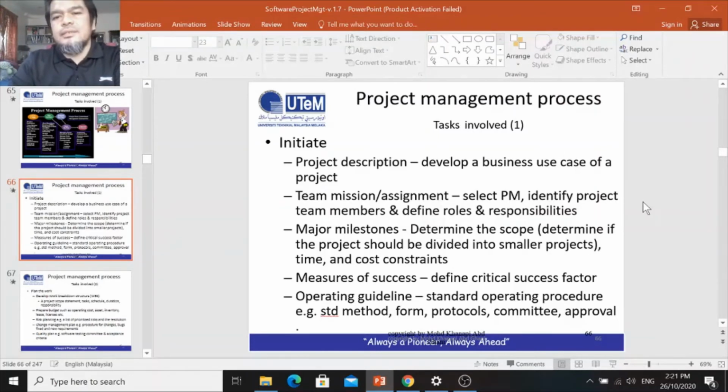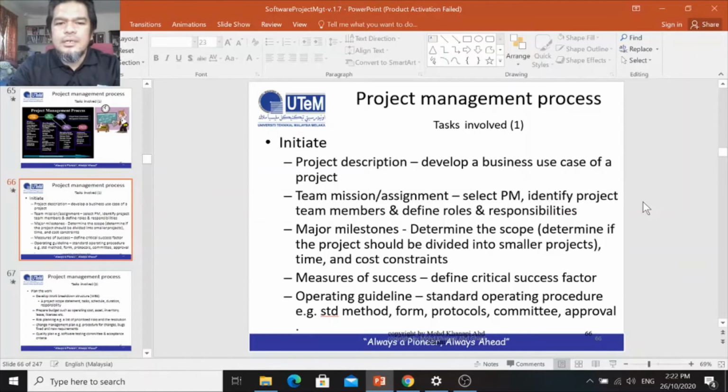You as a project manager need to know what is involved in managing the project. First, you need to initiate it. The first task that you need to do is initiating.